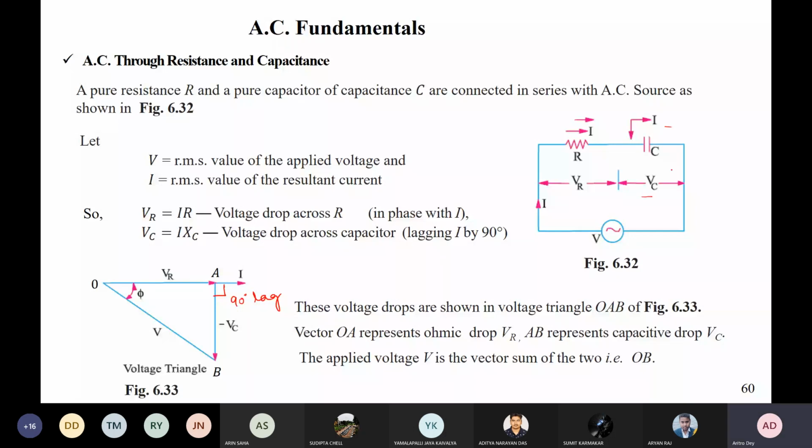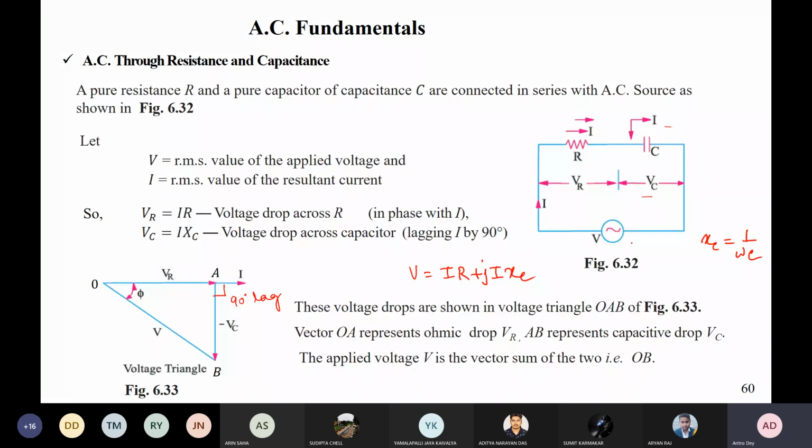Once you have this, you can write V, which is your input, equal to I into R plus I into J into XC. So what is XC? XC is equal to 1 by omega C, where omega is the frequency of the source.